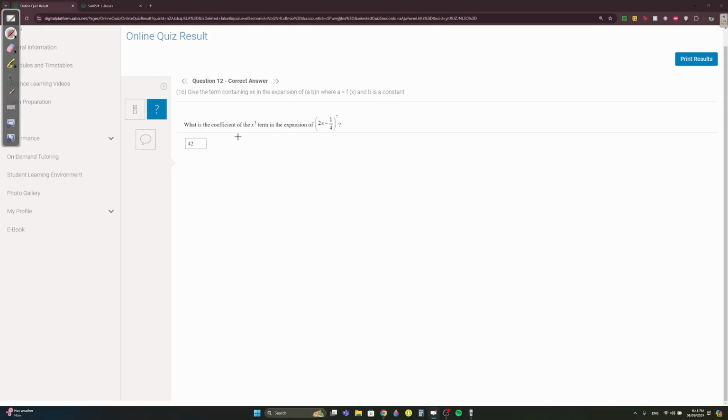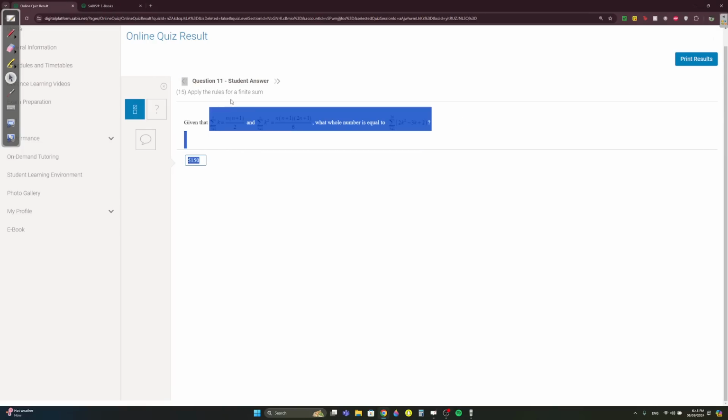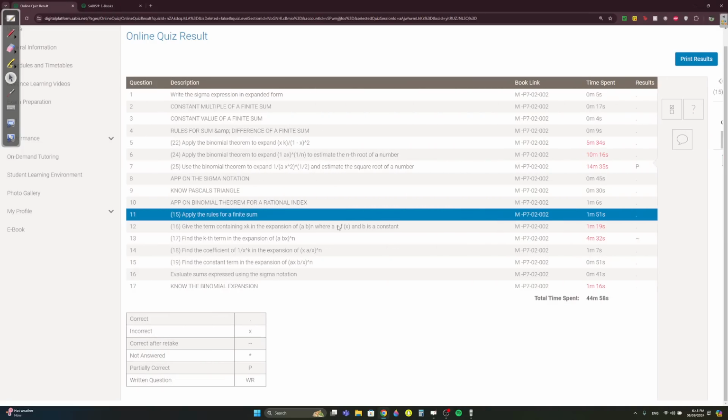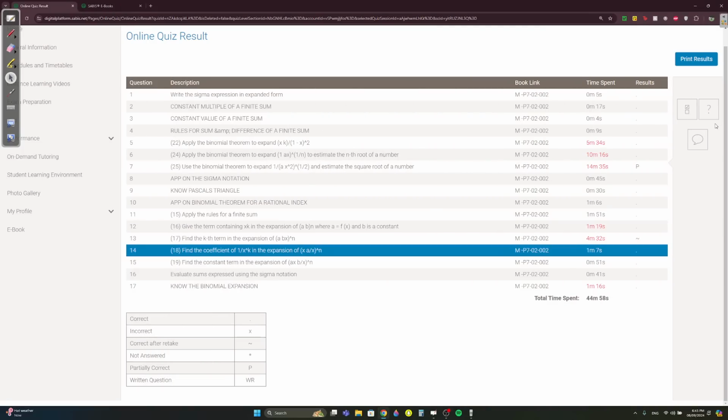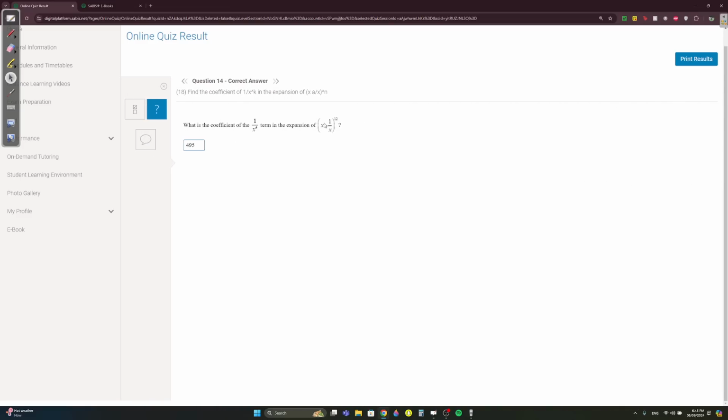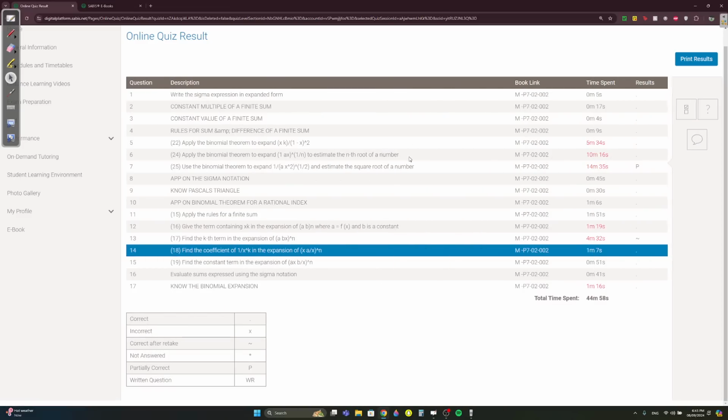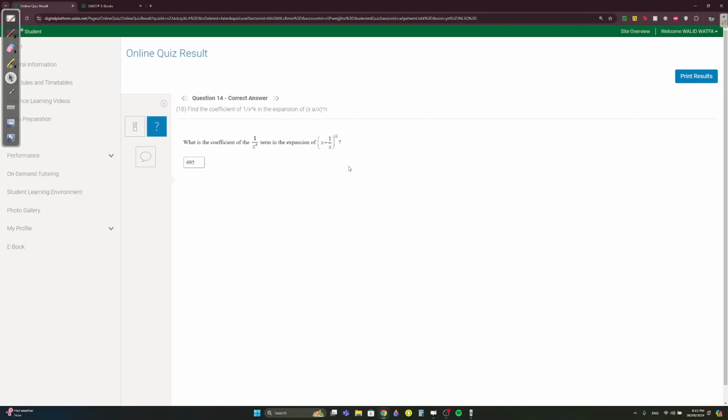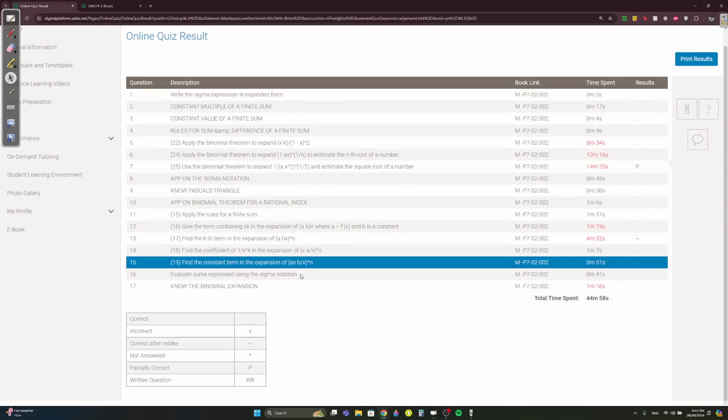What's the coefficient of the x to the 5 term? Was it just that question? Yeah, it was. Okay, 14. It was just this question where you actually have to divide something by something. I hope you got that. Remember, n minus 2k equals the final power. And then here, for the constant term, k equals n over 2.